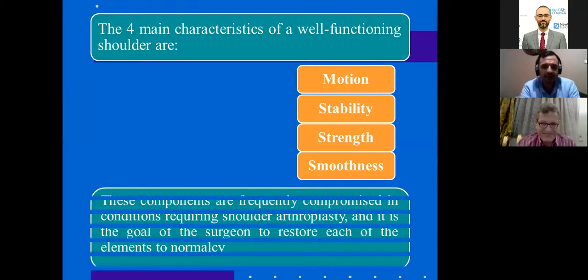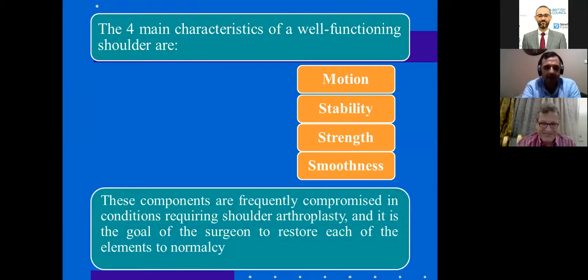These components are frequently compromised in conditions requiring shoulder arthroplasty. So in arthritic shoulder, you have decreased motion. In unstable shoulder, you have instability. The strength and the smoothness are disturbed in arthritic shoulder. And it is the goal of the surgeon to restore each of the elements to normal.